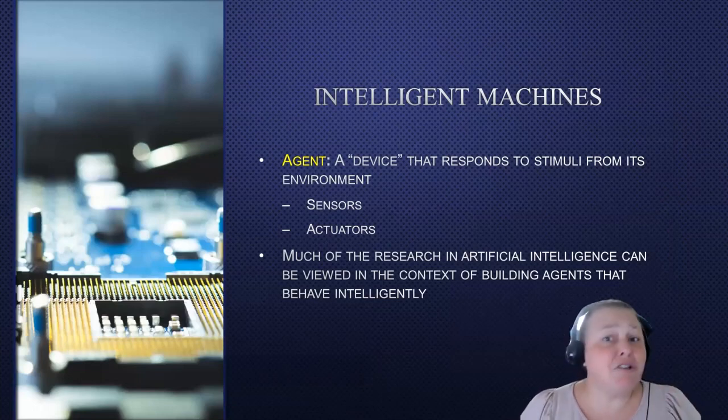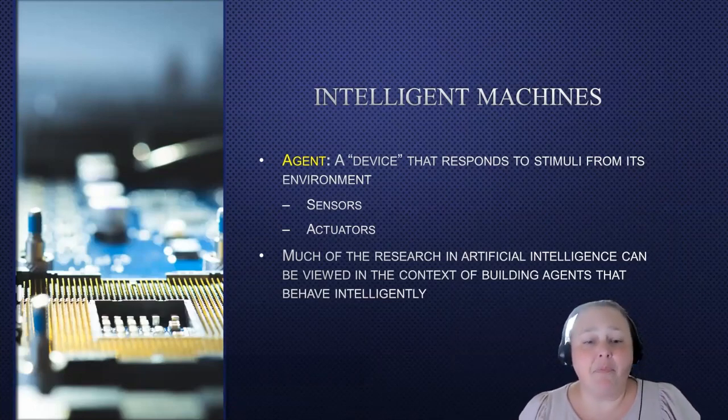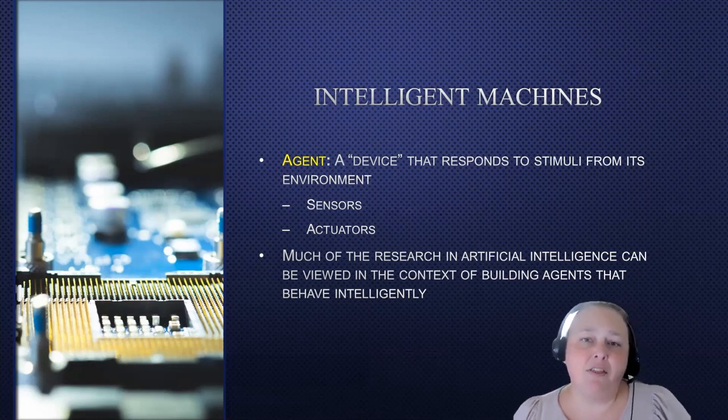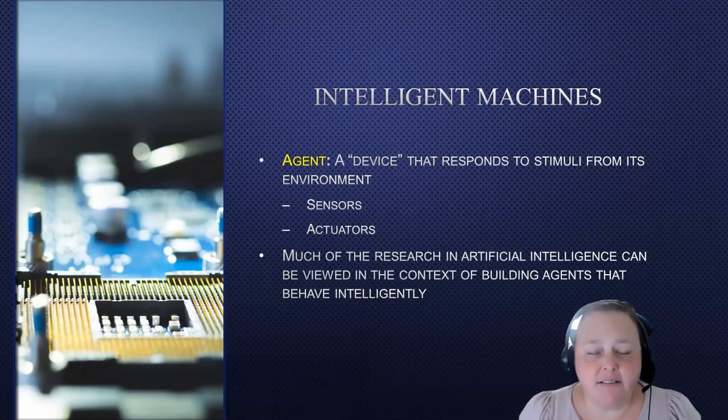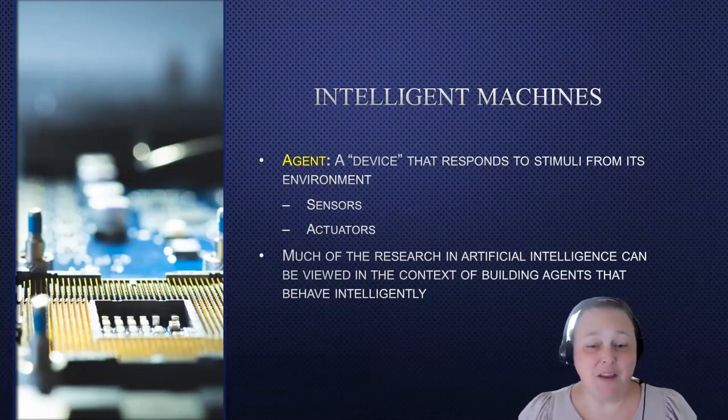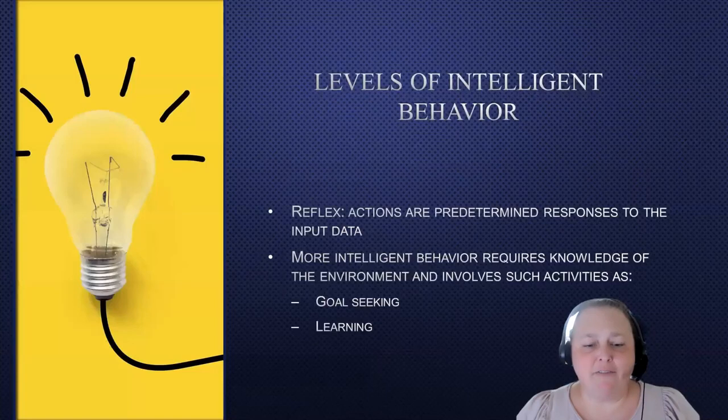It can be done through sensors or actuators, and much of the understanding and research in artificial intelligence is viewed at how to build these different agents to behave more intelligently. In the end, the whole object of artificial intelligence is to make a computer think as much like a human as possible. So we usually try and find various agents in order to do that.